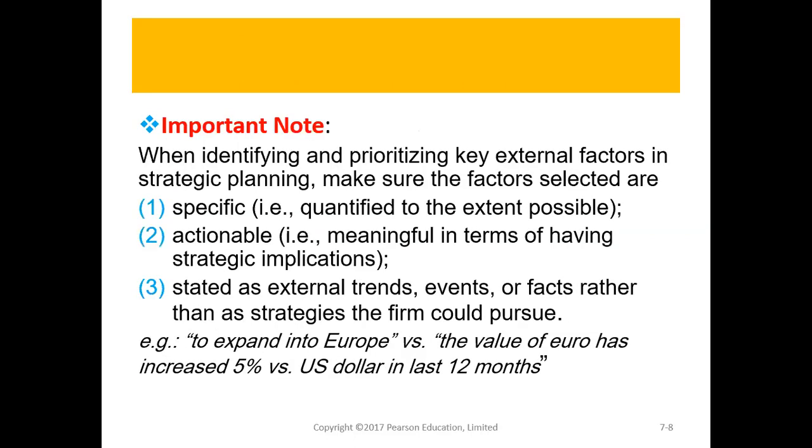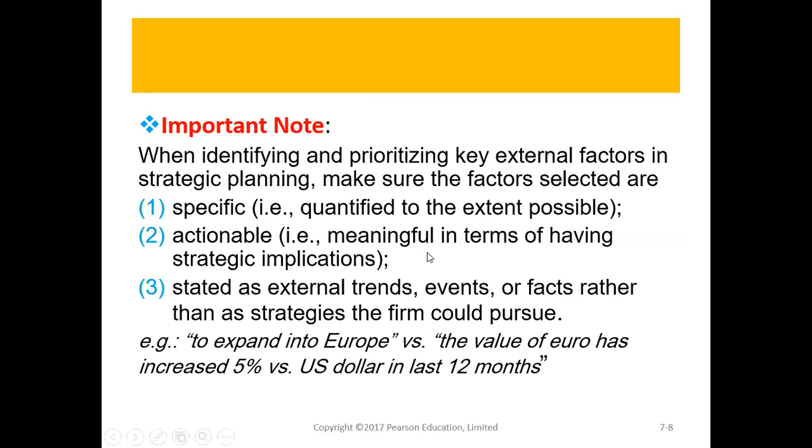Okay, let's start. Before we start with the economic forces, let me refer to something very important. When you are identifying the key external factors and prioritizing them, you have to make sure that these factors are specific, meaning the more you quantify things to the extent possible, the better.